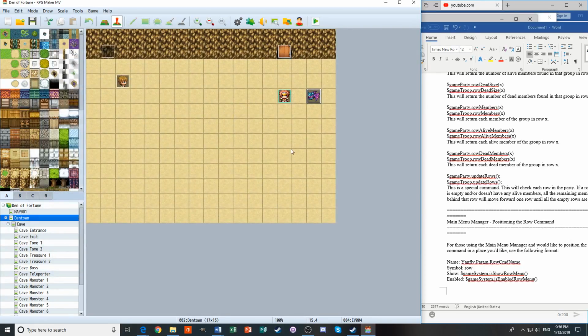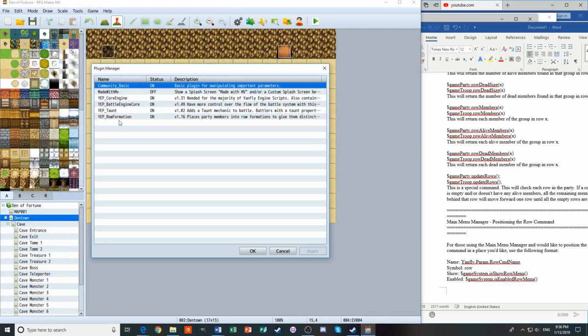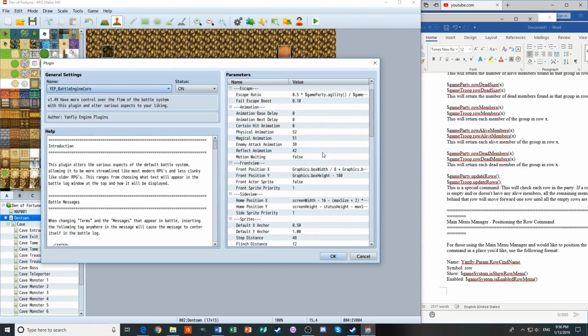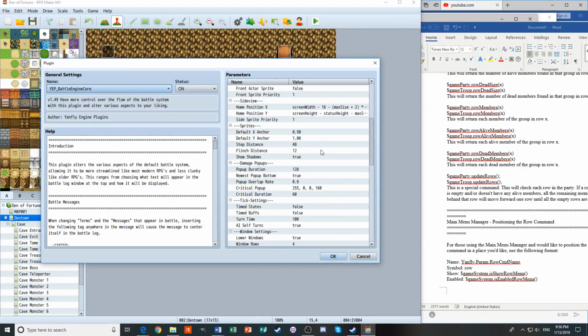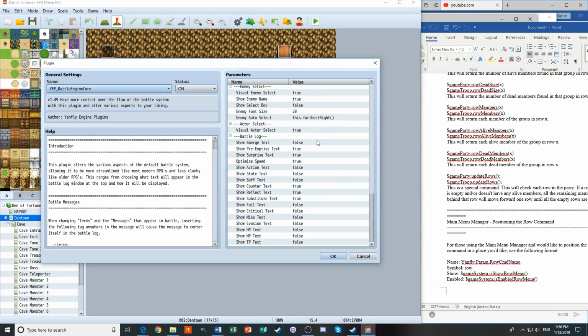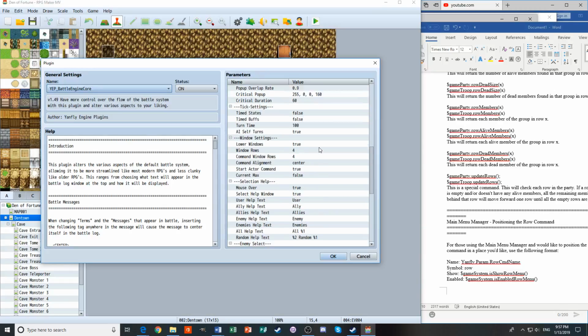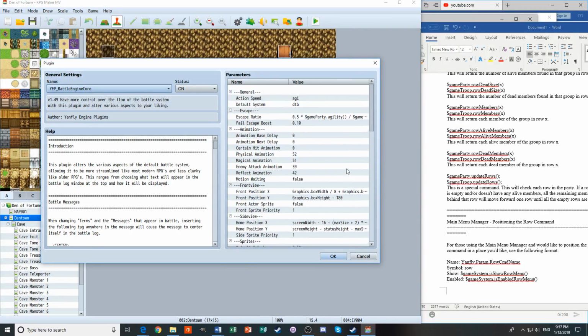It just automatically copies the script in the first troop into all other troops. That's what I'm currently looking for. It might be under Battle Engine, or it might not. Side view, positions, sprites, damage pop-ups, settings, enemy select, battle log. Doesn't look like it. That might be an extra script that I need to install.